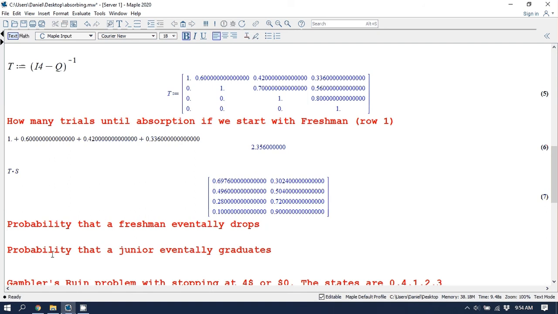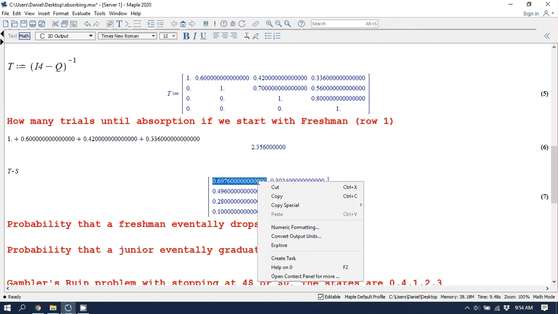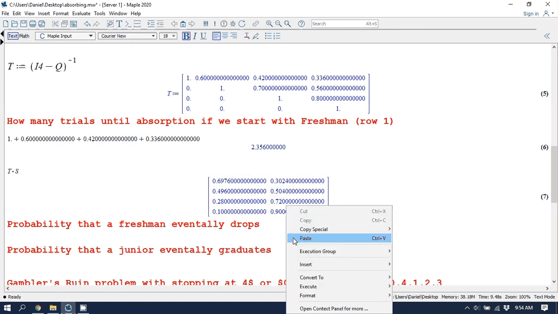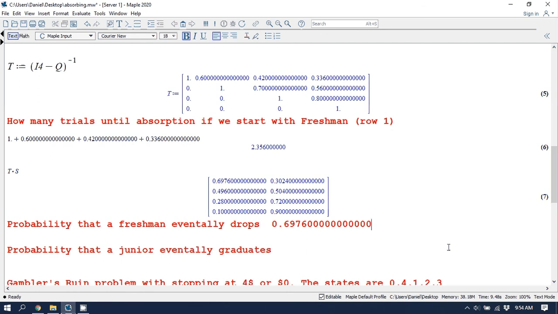So for instance, if I ask the probability that a freshman eventually drops, the freshman is on row 1, drop is column 1. So precisely this number here is going to be the probability of being absorbed in the dropped state, right? So the probability that a freshman eventually drops. And then of course, the complement 0.3024 is that the freshman eventually graduates.